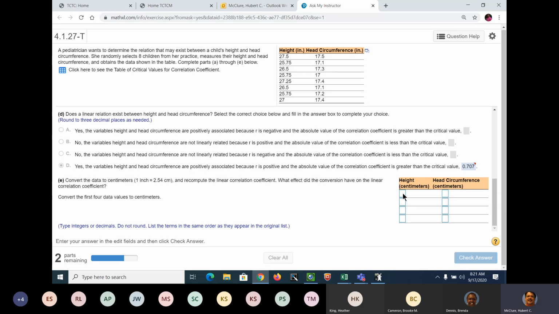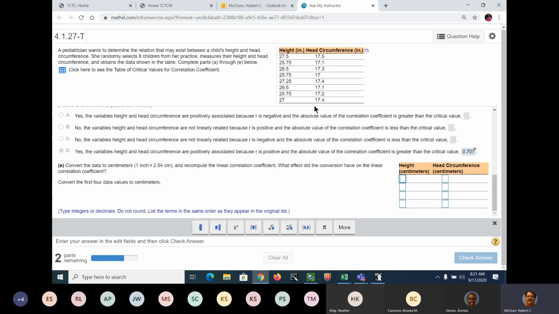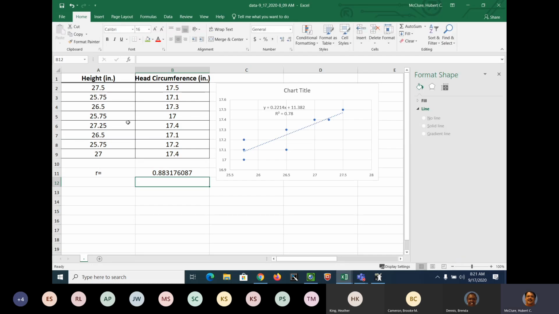So what they're doing is they're changing these 2 to centimeters, and you got 1 inch equals 2.54 centimeters. So what I'm going to do is go back to the Excel spreadsheet, and I'm going to change all these to centimeters. I'm going to go right here, and say equals this number times 2.54.